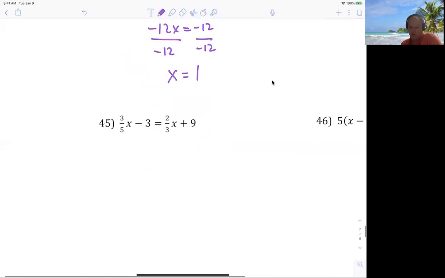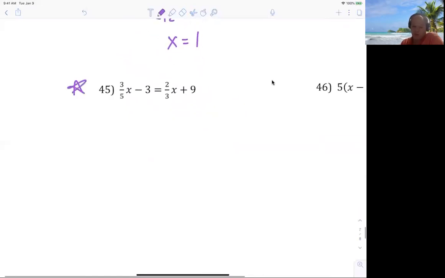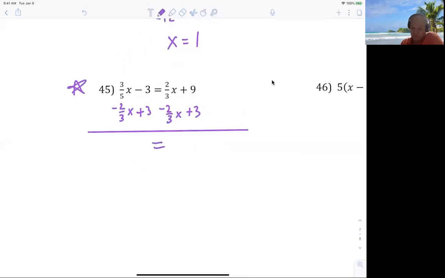All right, number 45 is an excellent problem because it has fractions. So please be careful. Subtract 2/3 x, subtract 2/3 x, add 3, add 3. Cancel, cancel. Now I'm doing 3/5 minus 2/3. Common denominator is 15. Multiply this by 3 over 3.